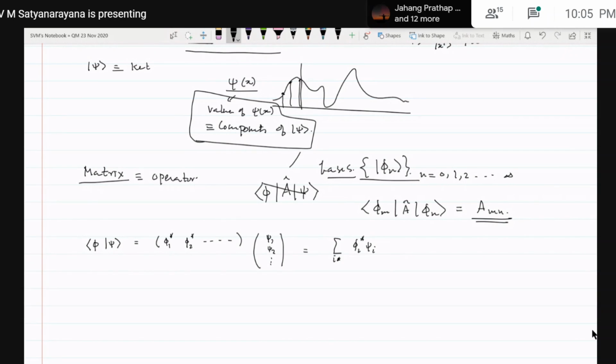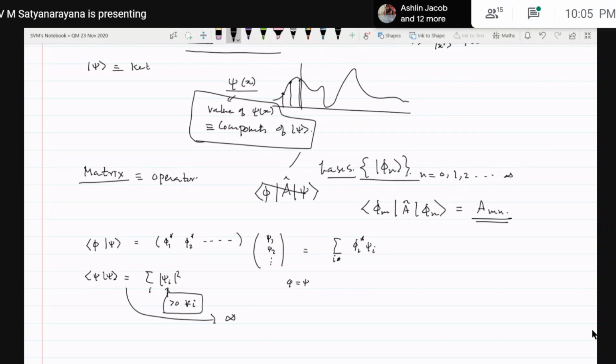But what happens because this goes to infinity? If you take phi equal to psi itself, then this is the sum over i of psi i mod square. Now this is positive for all i. So there are infinitely many positive numbers. When you add them, this whole thing will go to infinity. That diverges.